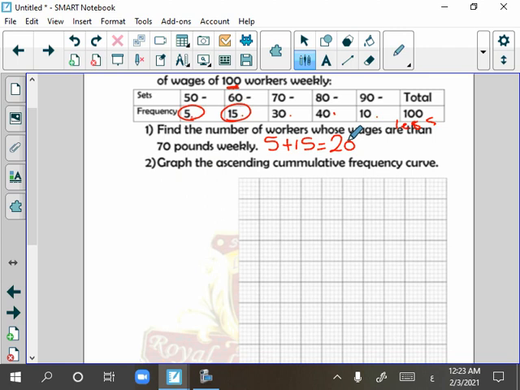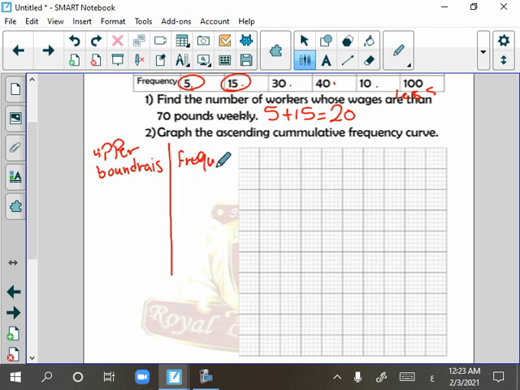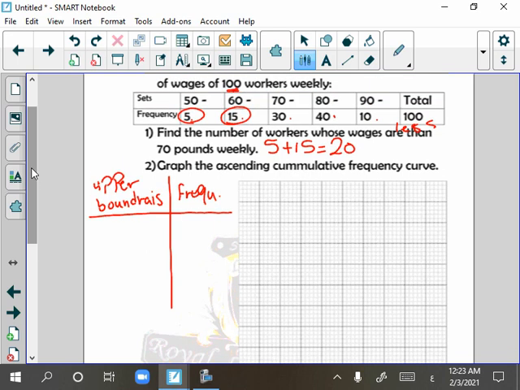Number 2, graph the ascending cumulative frequency curve. How can we graph the ascending cumulative frequency curve? Firstly, we will make a table with the upper boundary and the frequency.